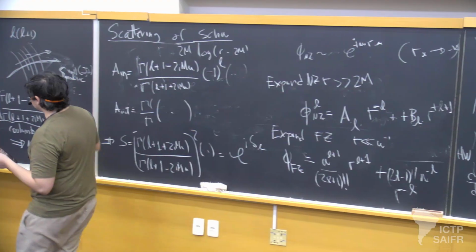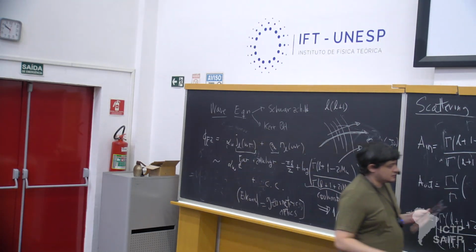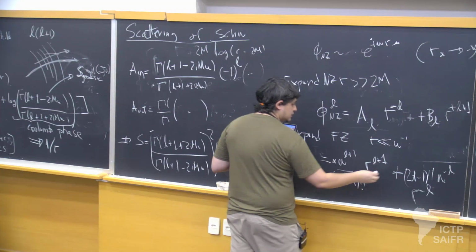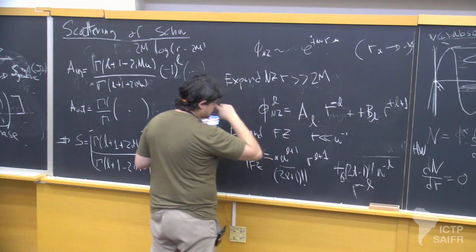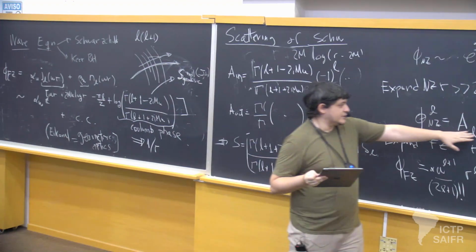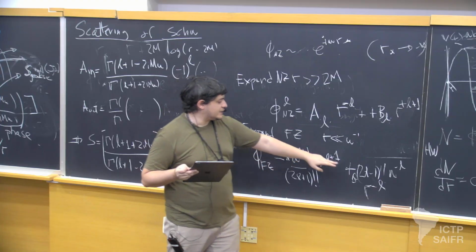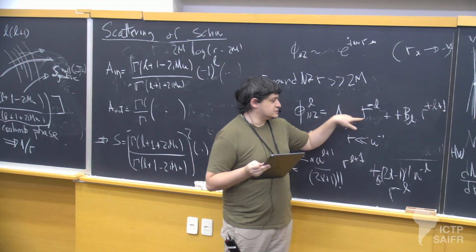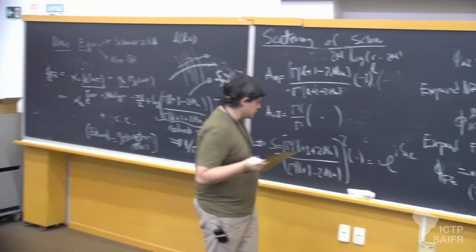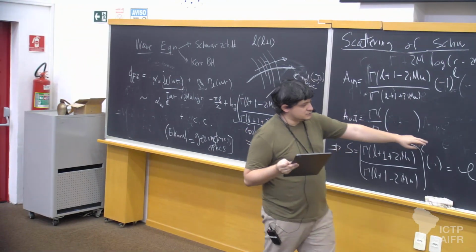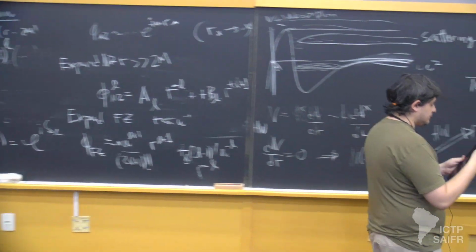I think I forgot. Okay. There is an alpha and beta here. So alpha and beta are actually what matches to A_L and B_L. So A_L and B_L are known. Then alpha and beta are fixed in terms of A_L and B_L, and then you can compute the ratio, which is the full amplitude.